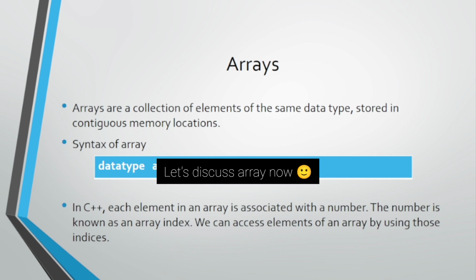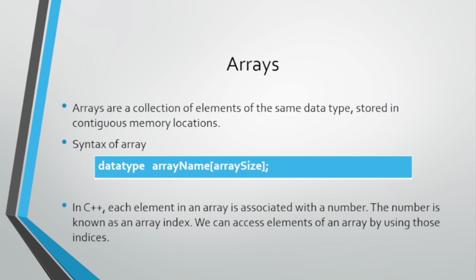So what are arrays? Arrays are a collection of elements of the same data type stored in contiguous memory locations. Let me give you an example. For example, you have 100 students in your department, and you want to assign some value or initialize every student with a value.